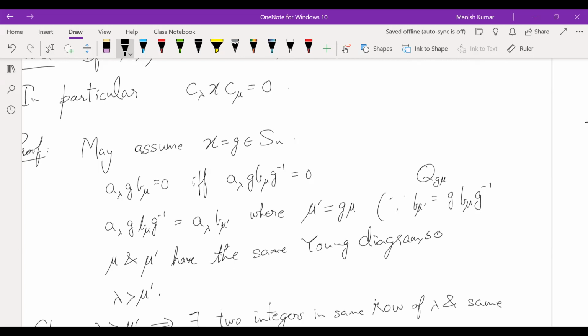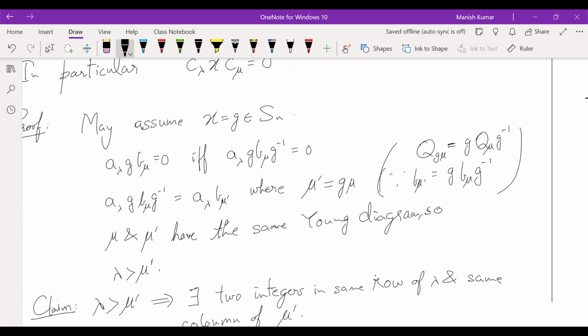So you just permute the entries of mu by G. So Q G mu is the same as G Q mu G inverse. So this we saw last time.